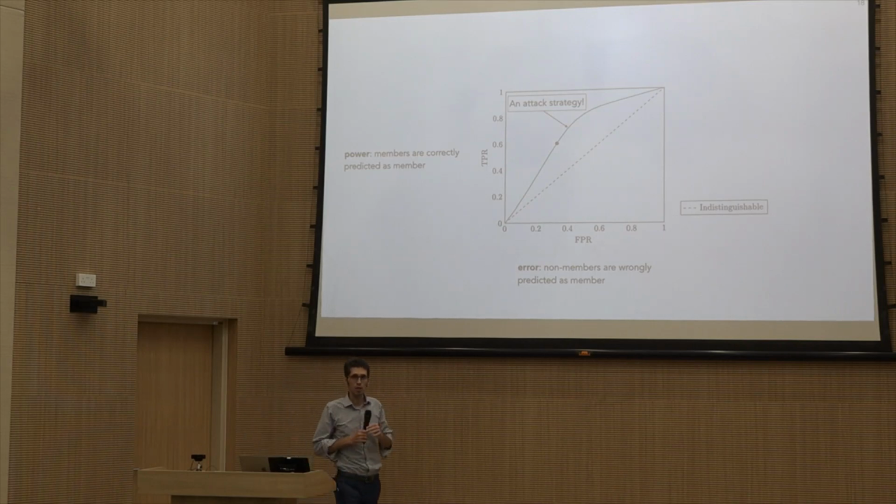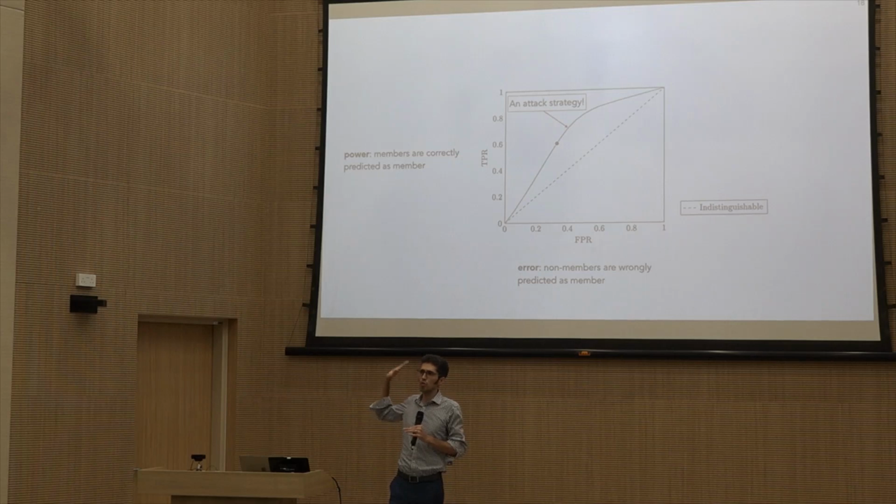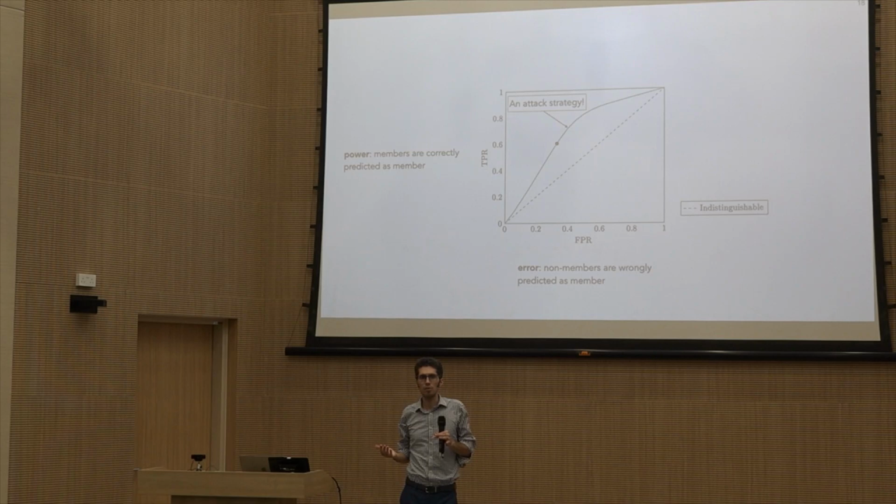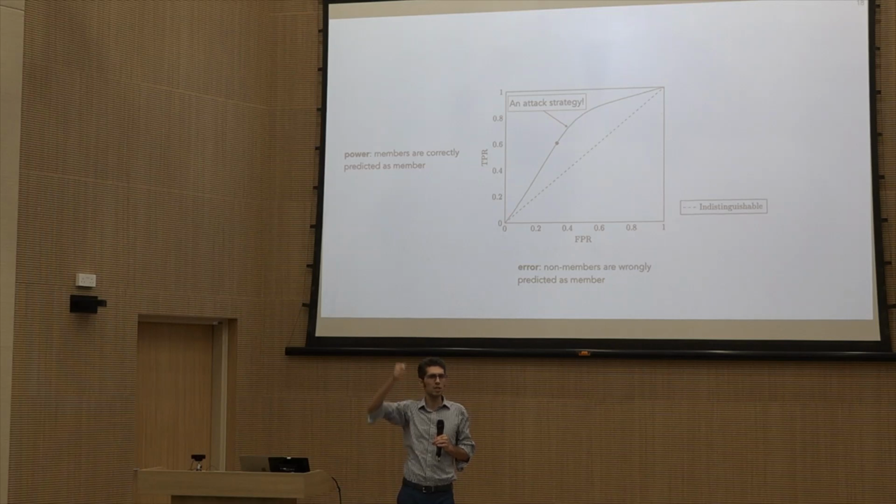If this plot is towards the left, and up, basically the privacy risk is higher, right? So for every false positive rate, if the true positive rate increases, it means that the privacy risk has increased.